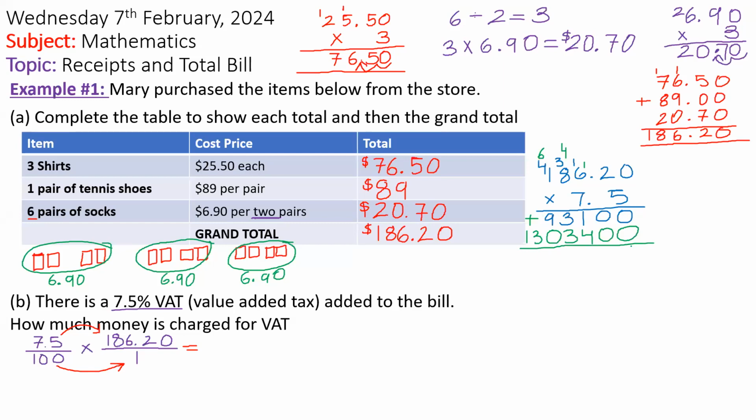0 plus 0 is 0. 0 plus 0 is 0. 4 plus 1 is 5. 3 plus 3 is 6. Not 9. 3 plus 3 is 6.